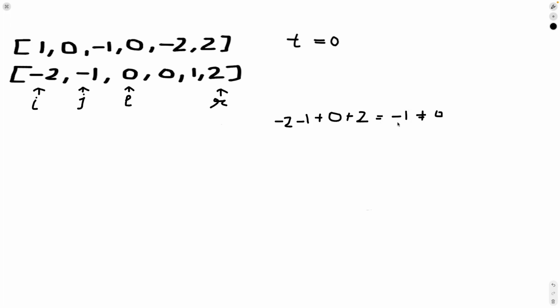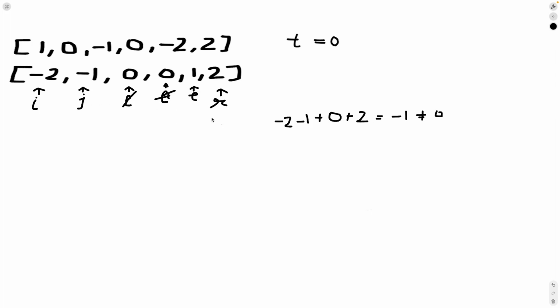Since this is less than the target variable, we will move the left pointer to the next element. Again we do the same thing, but since the value remains the same, we get the same result, and we move left to the next position.